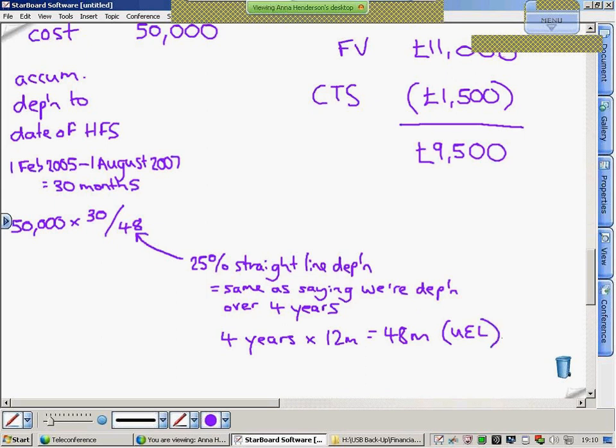So depreciation that we would have charged on this asset, 2000, is 750.